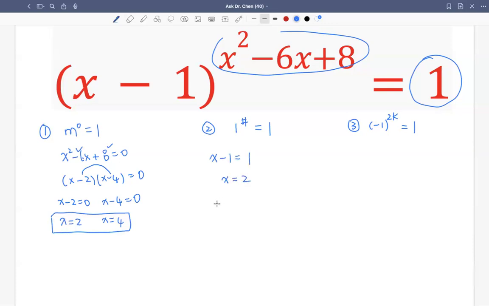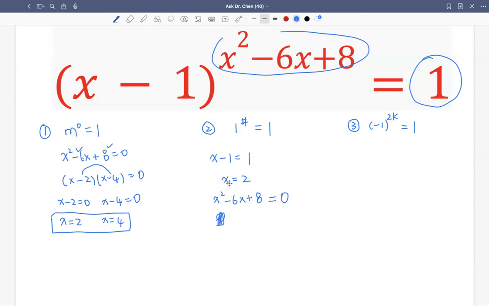Now let's check. So x squared minus 6x plus 8. Actually, x equals to 2 is a solution of the quadratic equation set to 0. So we know when x equals to 2, this will be 0. We don't have to calculate anymore.